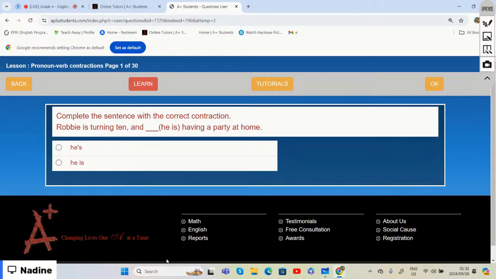It says Robbie is turning 10, and he is having a party at home.